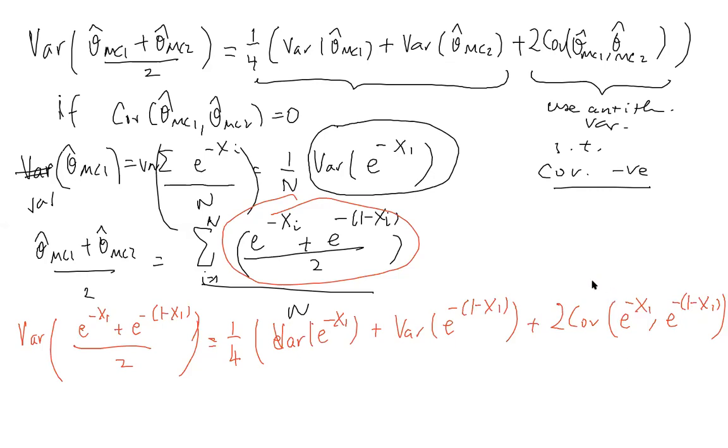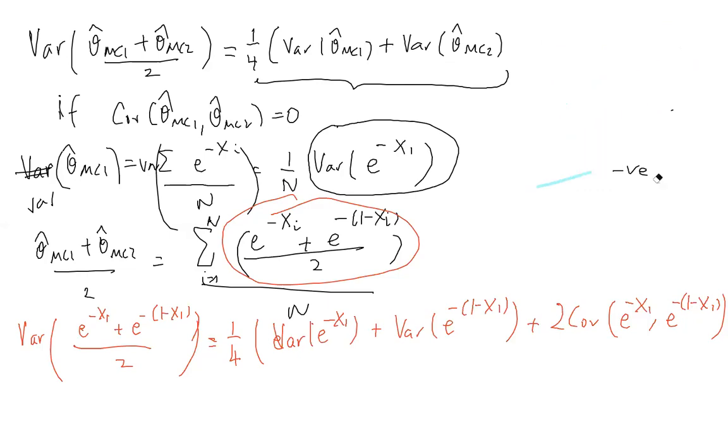So then we need to evaluate this covariance, right? Let me find some space here. So your covariance is the following.